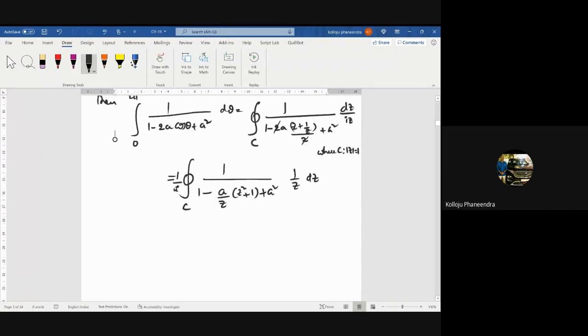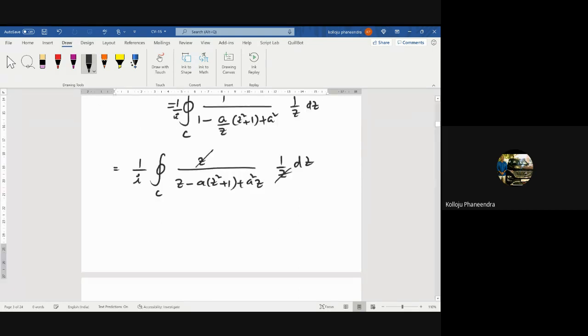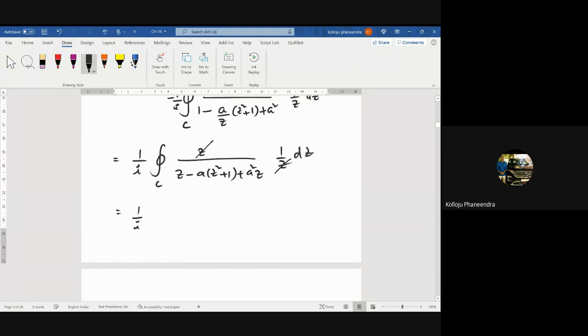Now taking z LCM completely, 1 by i integral over c of z by z minus a into z square plus 1 plus a square z, 1 by z dz. Now the z terms get cancelled. That is equal to 1 by i integral of dz over the quadratic expression minus a z square plus 1 plus a square into z minus a. Any corrections?